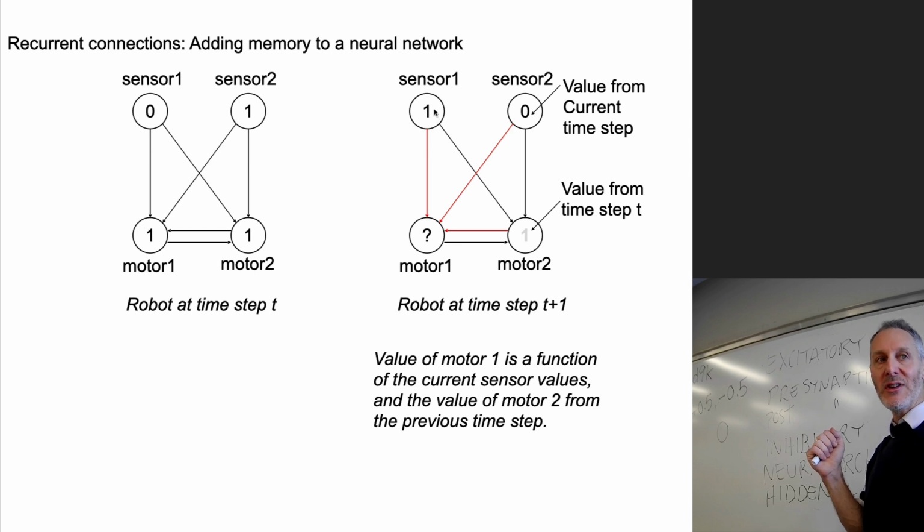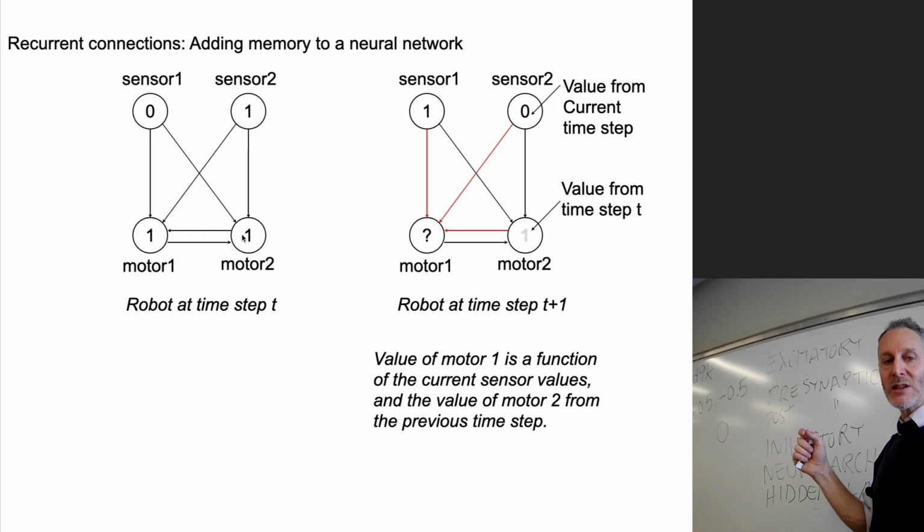So we multiply this value by this weight, this neuron value by this weight, and this neuron value by this recurrent synapse weight. But what is the value of this output neuron? We haven't computed it yet. At least we haven't computed it at time step t+1.